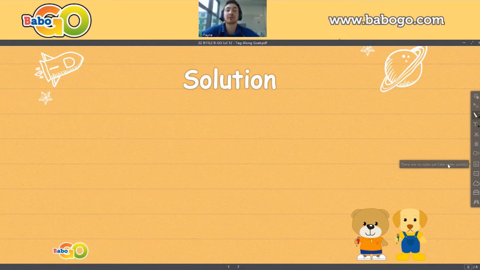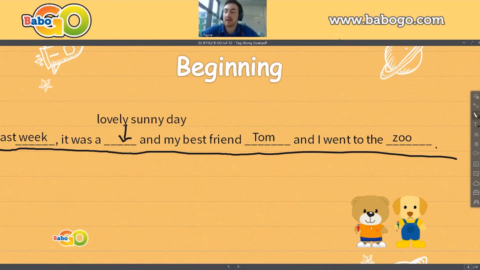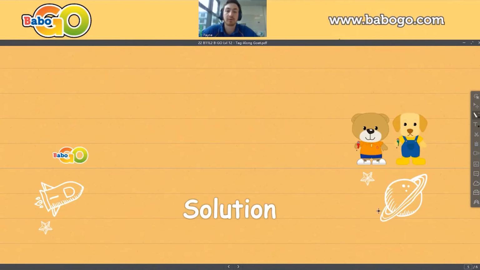So again, after you've discussed it with the student, have them write it down, then you write it out with the blanks, and then you have the student help fill in the blanks, and then have them correct their work. And then again, like up here, they should read it out loud to you for the final part.